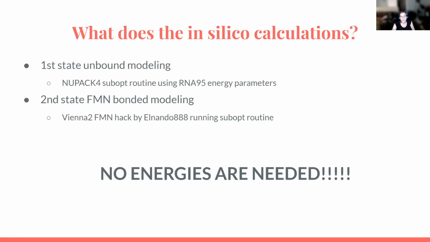What does the in silico calculations? I'm actually using 2 different energy models. For all the first state, unbound modeling, I use NUPACK for the RNA tools, with the RNA 95 energy set. The reason I use RNA 95 versus the other ones is that RNA 95 seems to be more permissive.